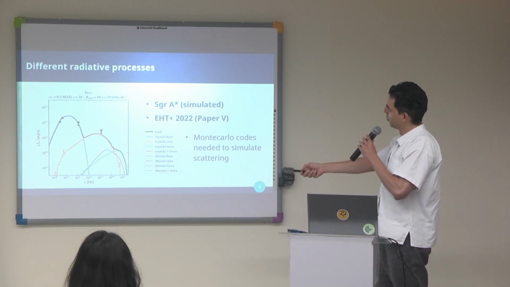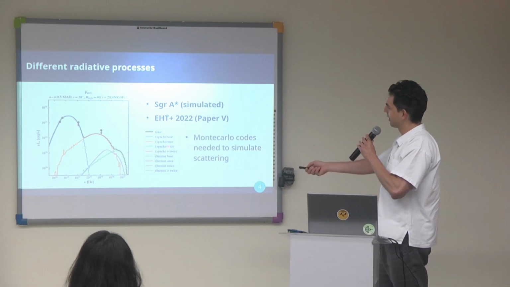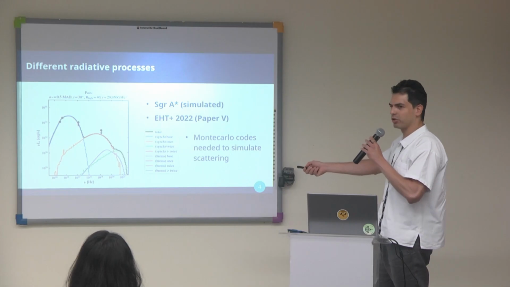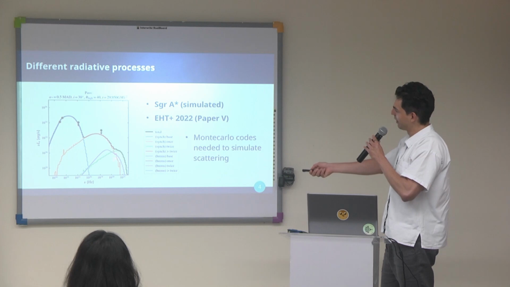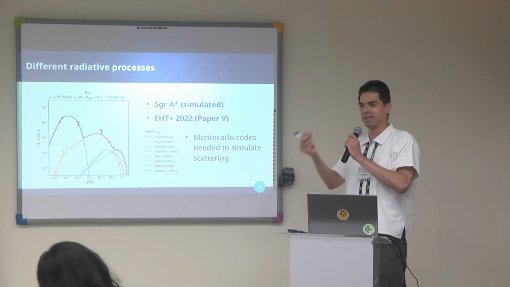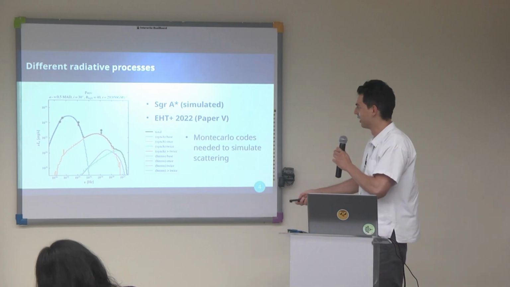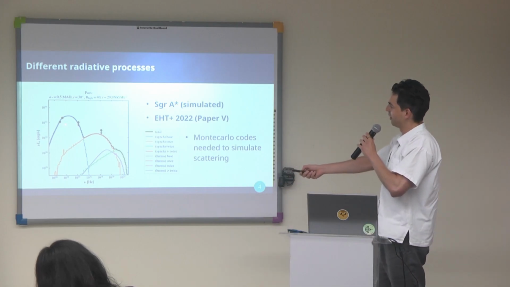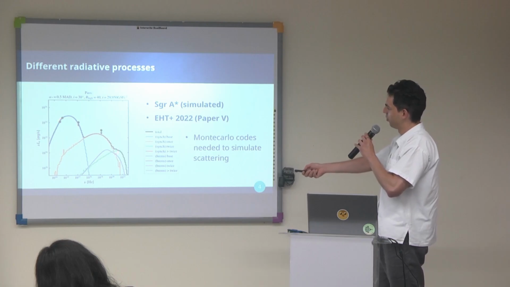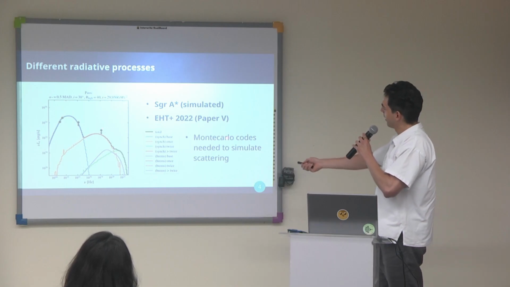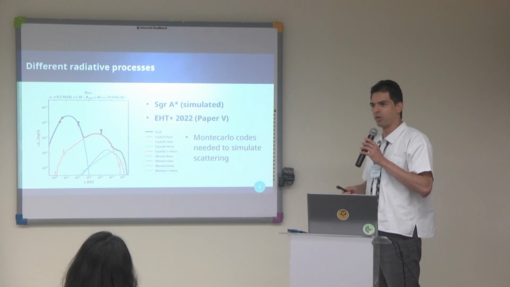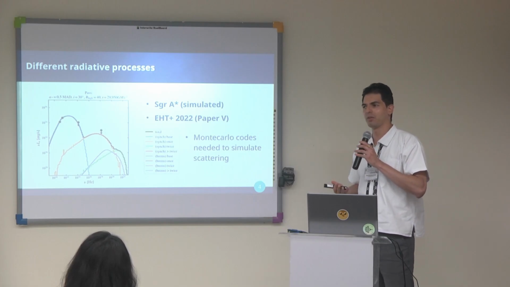Then we have two bumps at higher frequencies that are associated to the same synchrotron radiation being scattered once and twice in the process called inverse Compton, that energizes the radiation more after each scattering. As you can see, it starts in radio wavelengths, but after the radiation is scattered, it goes even to infrared and X-rays. This type of code, Monte Carlo codes, are also codes that perform ray tracing, but they work in a very different way.